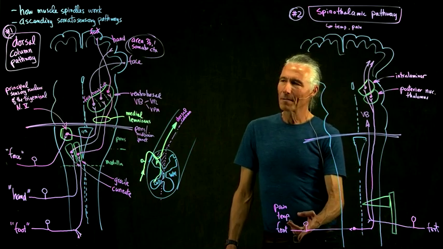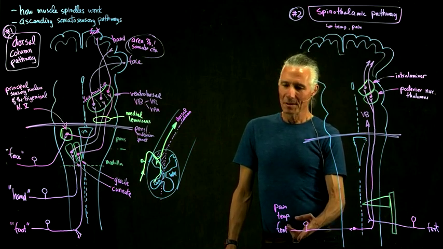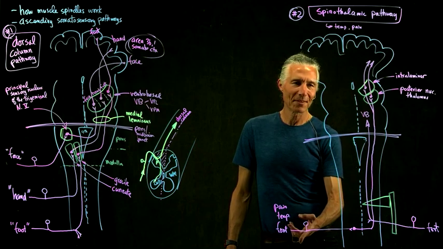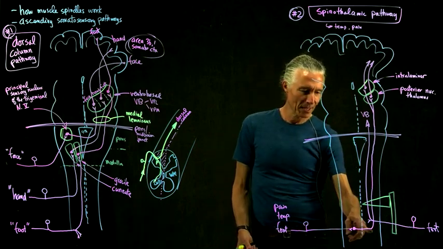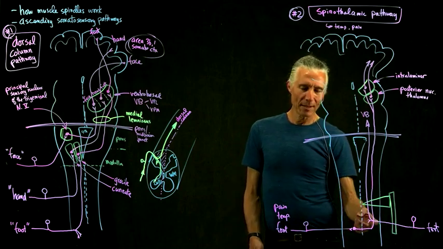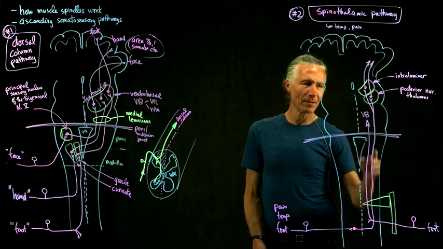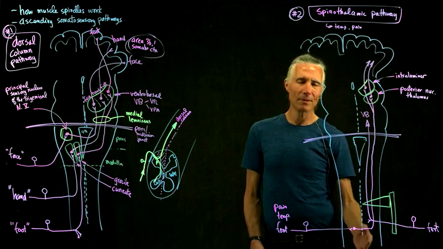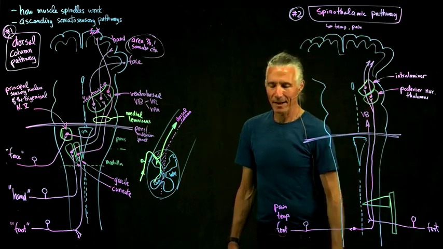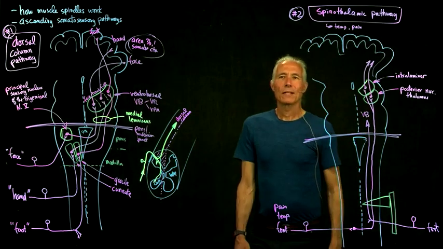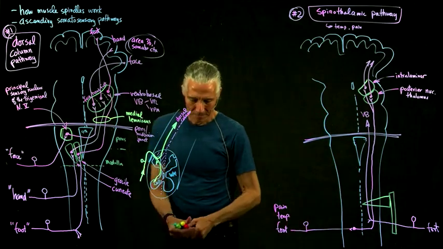The other foot cannot feel pain, but it can feel touch. And so it's just because of this strange way in which the pathway crosses. But like I said, it doesn't synapse on anybody until it gets all the way up to the thalamus. So it basically goes through the entire spinal cord and brain before it makes a synapse. So that's the spinothalamic pathway.